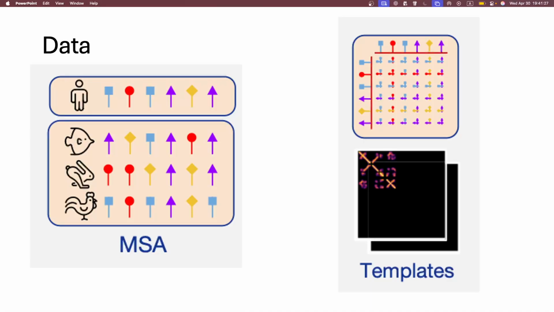But the point of the multiple sequence alignment is to try to find that correlation, right? Are there different amino acids that correlate with different kinds of amino acids?